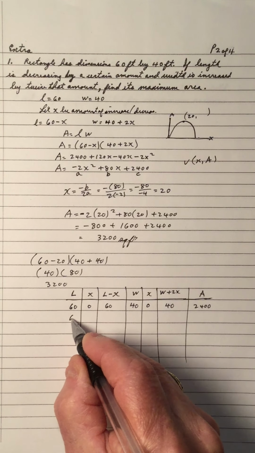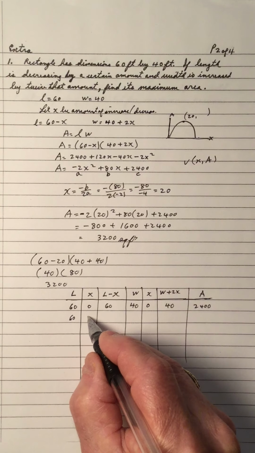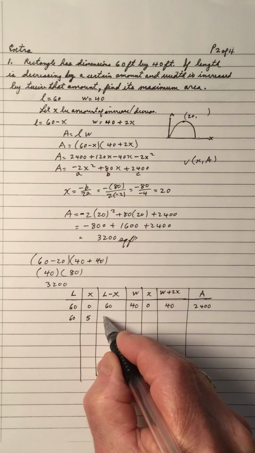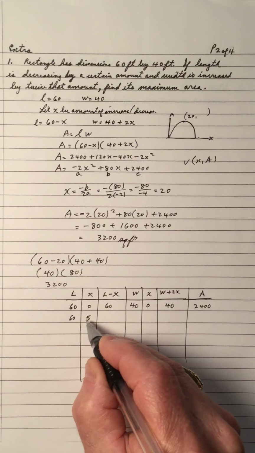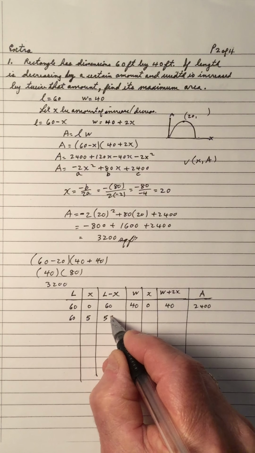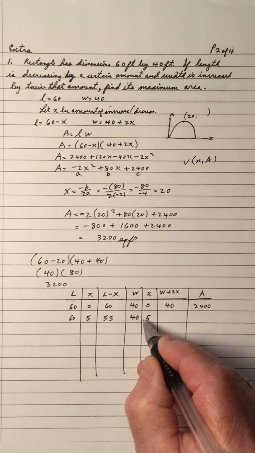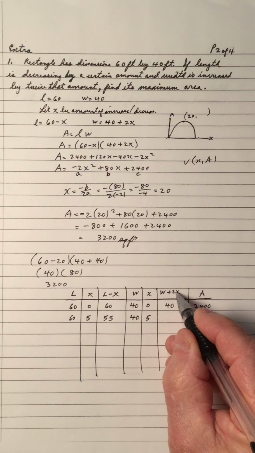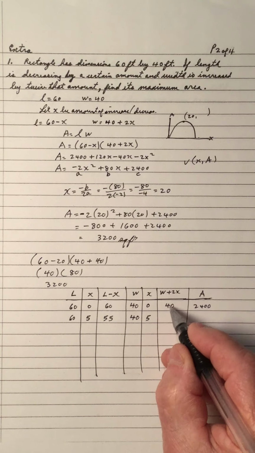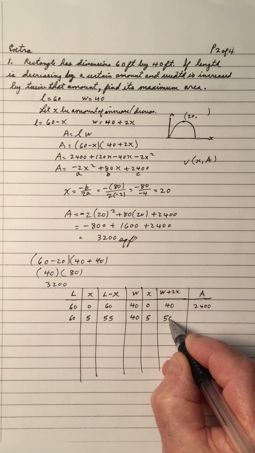Now, if the length is 60 and we take off 5, that means 60 minus 5 is 55. If the width is 40 and x is 5, we have to double that, so that gives us 10, so the new width is 50.